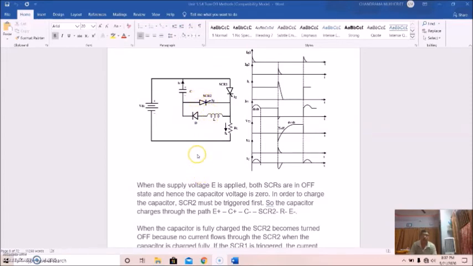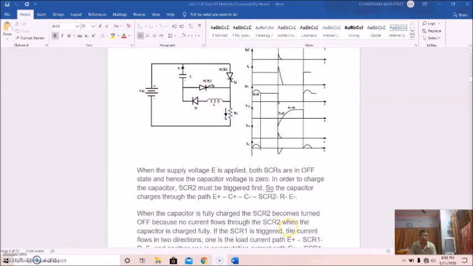The capacitor charges through this path: C positive, C negative, then this thyristor, then the load resistance, and then the negative plate of the source voltage. When the capacitor is fully charged, the auxiliary SCR turns off, because when it is pulled off, it behaves like an open circuit.